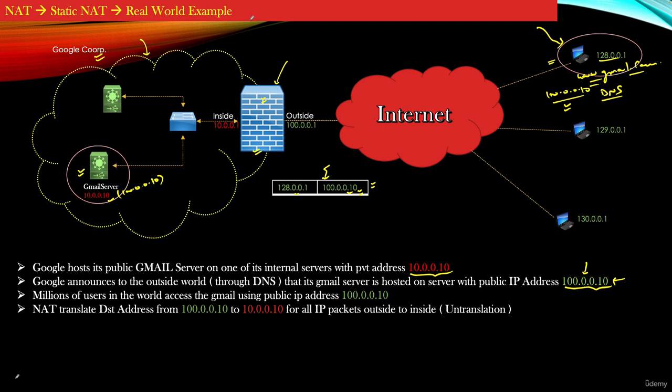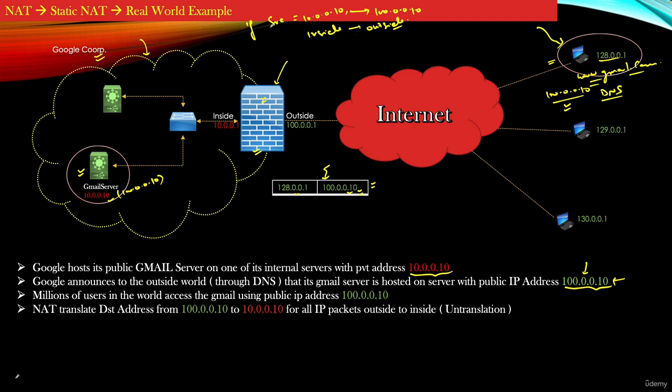So Google has installed this rule on the firewall device, which says that if the source address of the packet is 10.0.0.10, then change it to 100.0.0.10 for all the packets which are going from inside to outside. So this is the rule.